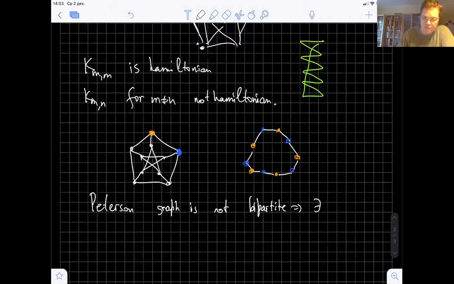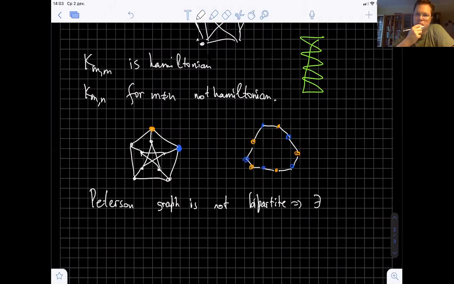But I think you can have a vertex with different colors also. Yeah, of course, but I need to start with the vertices which have the same color. So you know that the Petersen graph cannot be two-colored, so it's not bipartite.